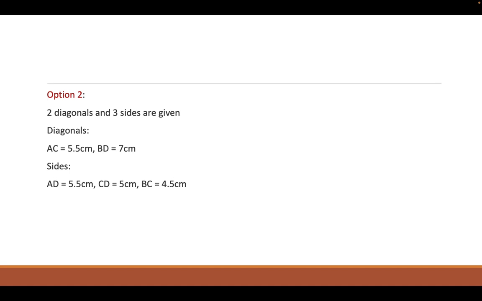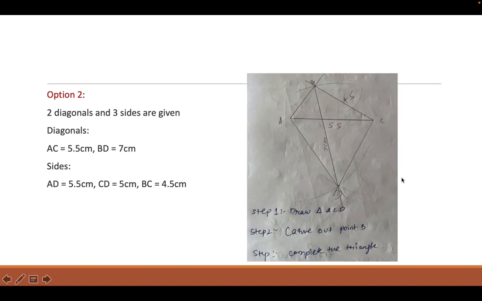Now how to draw it? So what was done? We know AC, so we draw AC first. We draw AC, which is 5.5 centimeter, and then we know two more sides. Three sides are known: we know AD, we know BC, and we know CD.